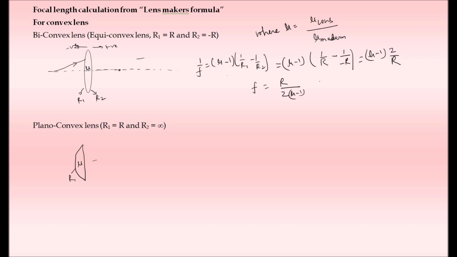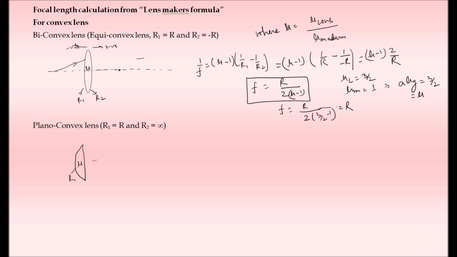Considering the lens made of glass and placed in air, mu lens is equal to 3/2 and mu medium is equal to 1, so mu is 3/2, and the equation becomes f is equal to R divided by 2 into (3/2 minus 1). From there we get f is equal to R. So the focal length of that lens will be equal to the radius of curvature.